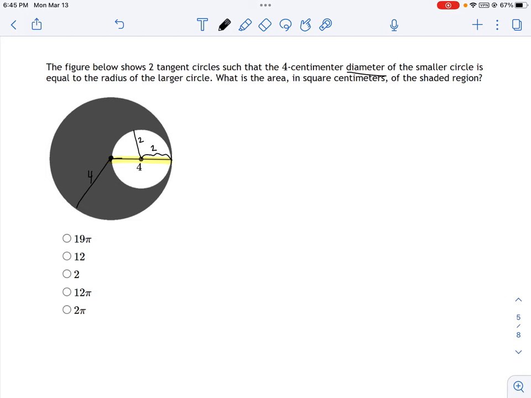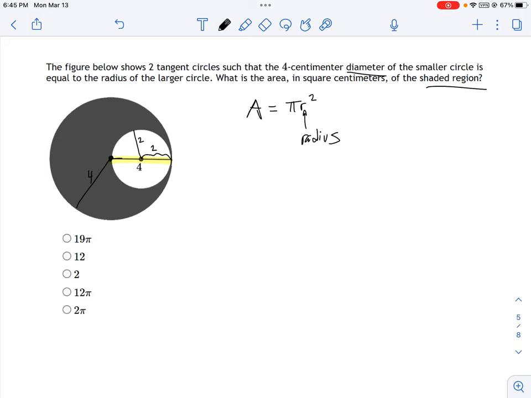Then it says, what is the area in square centimeters of the shaded region? Well, let's think about it this way. How do we find the area of a circle? Hopefully you know the area formula for circles: A equals pi r squared. All that requires is that you know r. R stands for the radius.